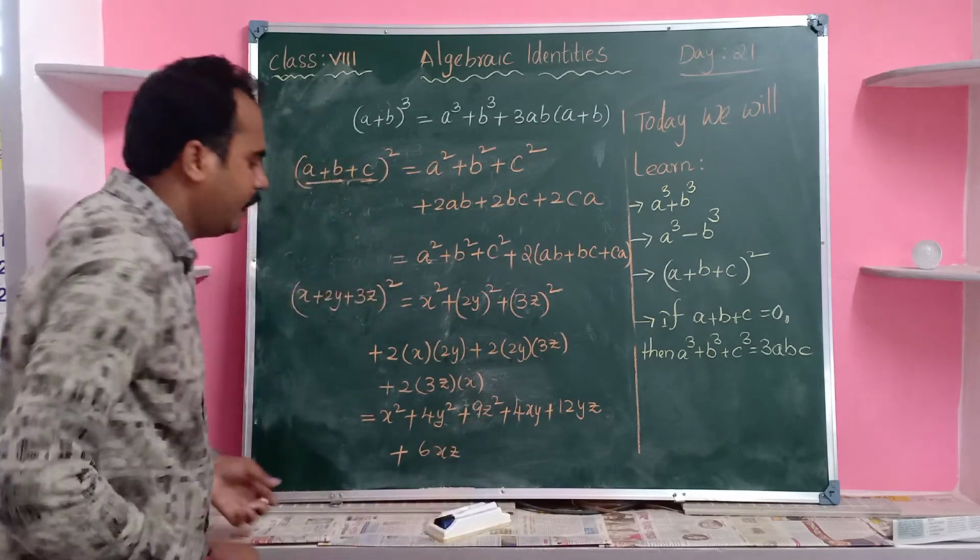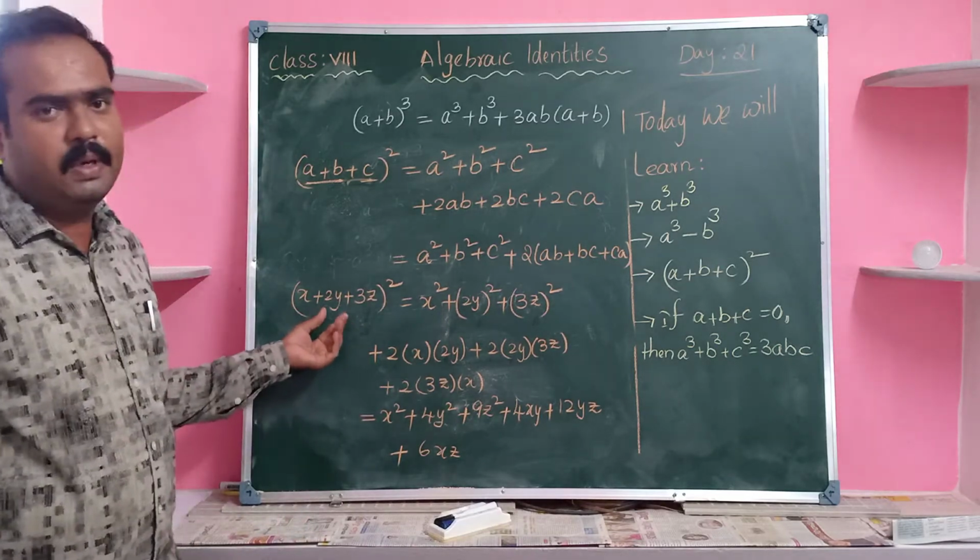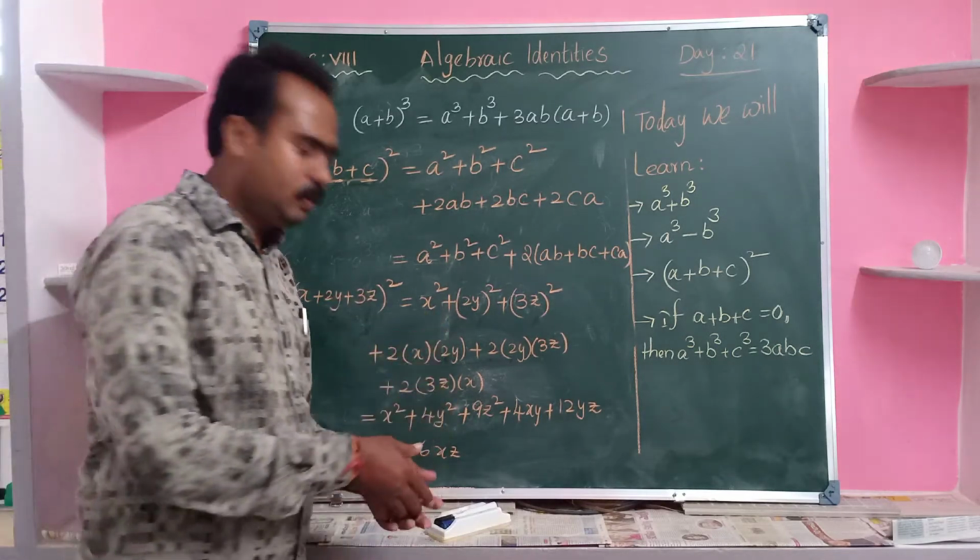So this is the expansion of (x plus 2y plus 3z) whole square.